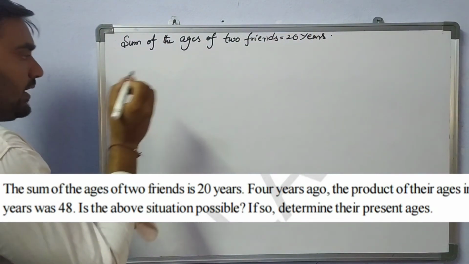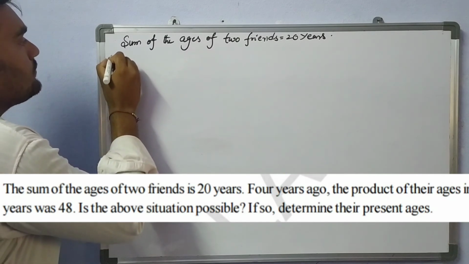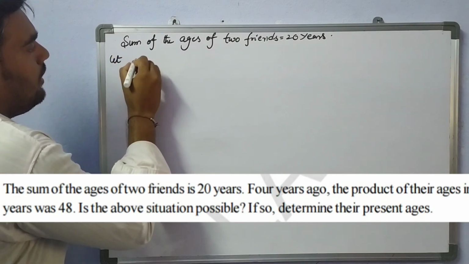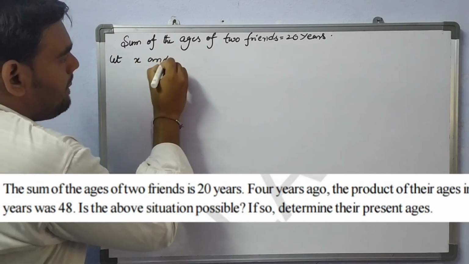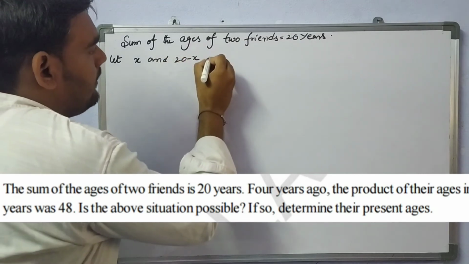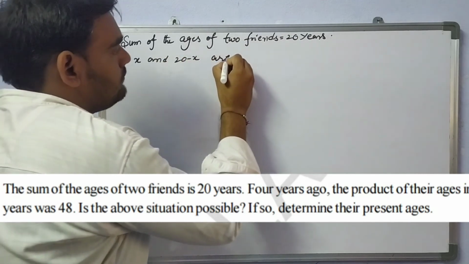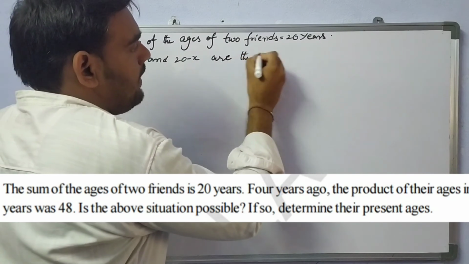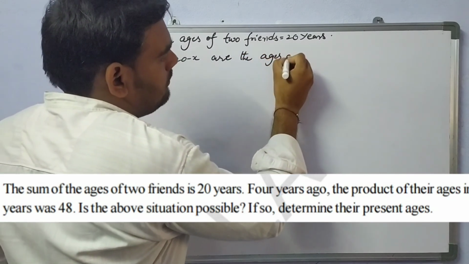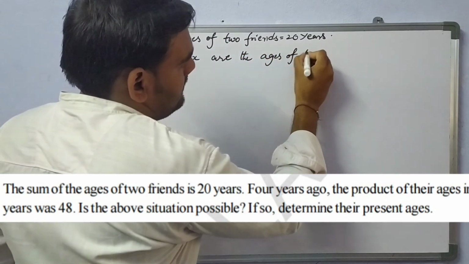At that time, we can say let x and 20 minus x be the ages of two friends.